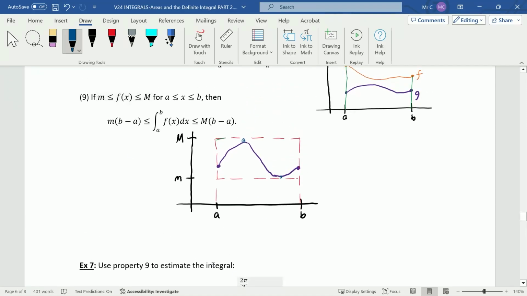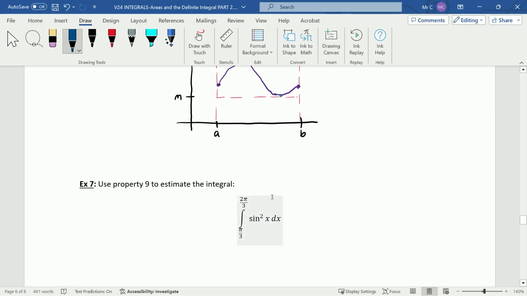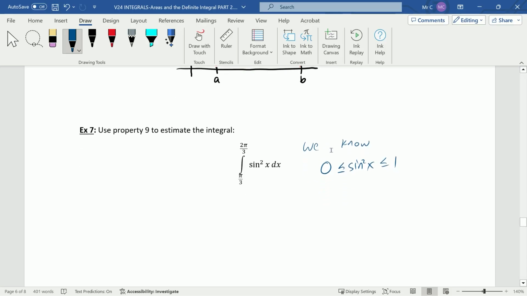So we're going to use property 9 to estimate the integral for sine squared of x dx. And so what do we know? We know that sine squared of x is between 0 and 1. It's squared, so it can't be negative, and sine is already between negative 1 and 1. So sine squared has got to be between 0 and 1.